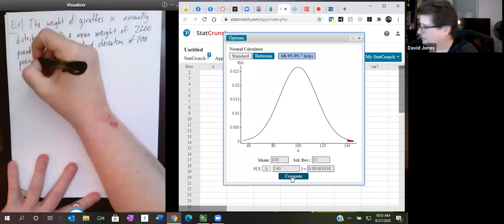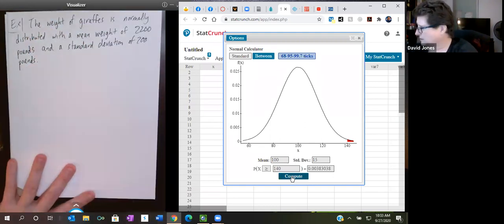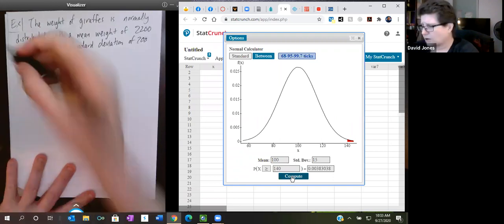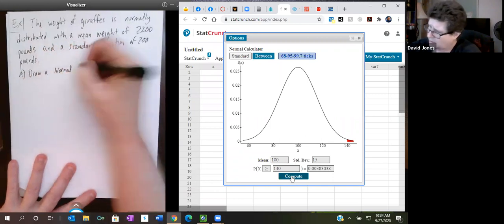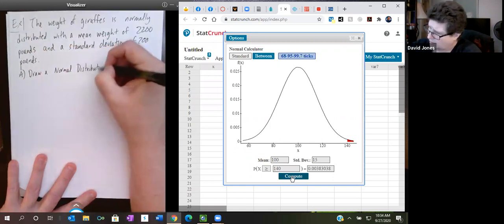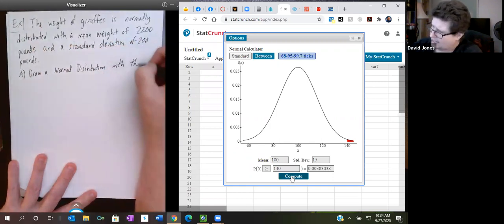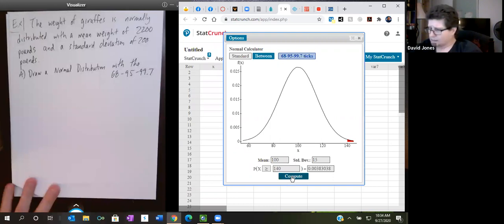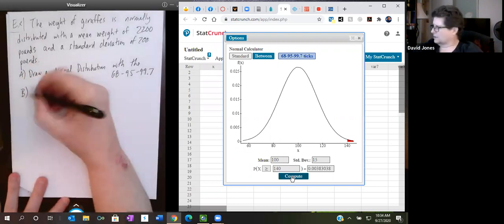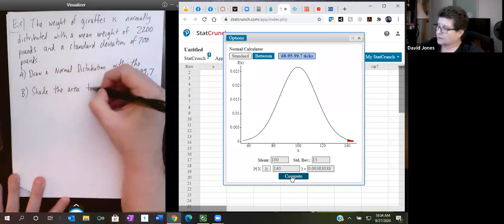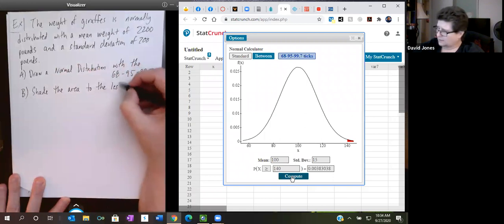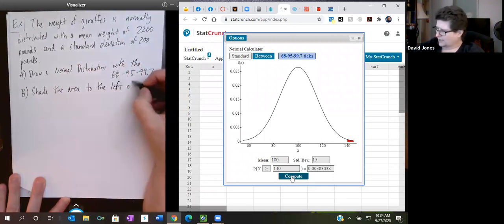They're heavy. And our job, we are going to draw a normal distribution with the 68, 95, 99.7 ticks. And B, shade the area left of X equals 2,100 pounds.